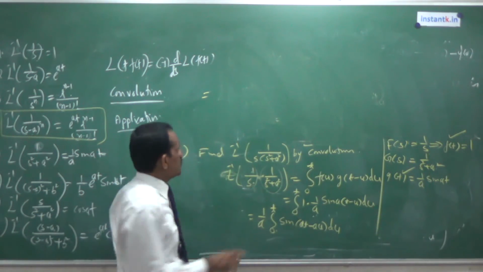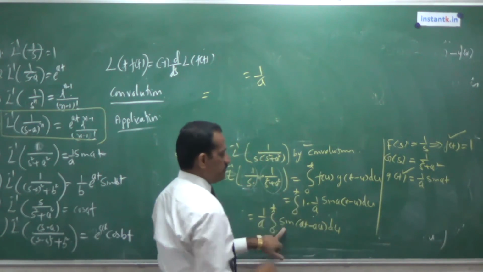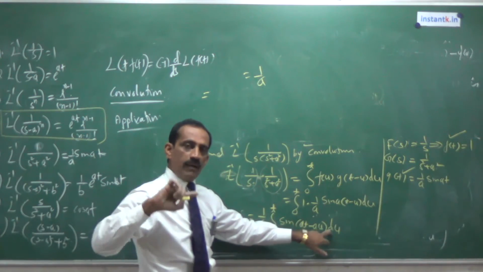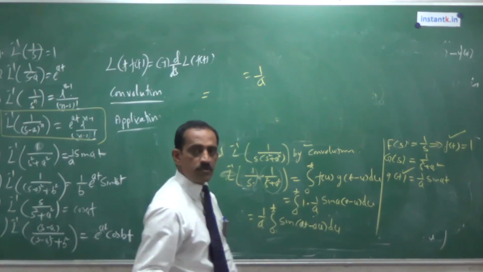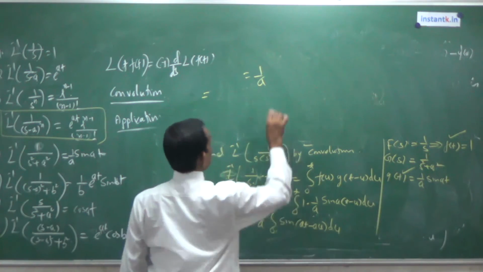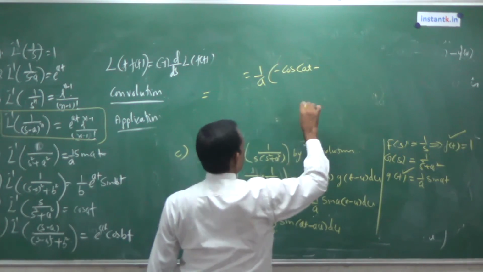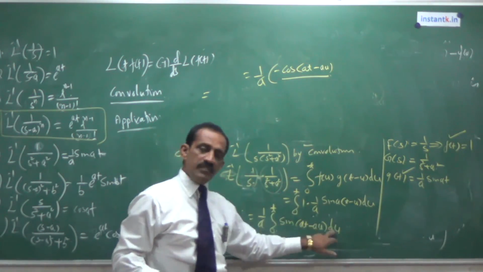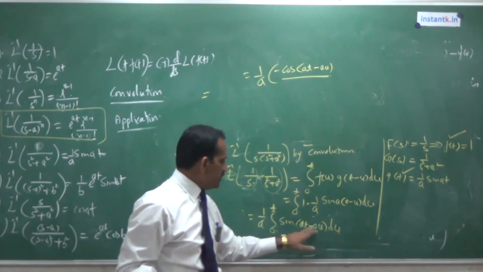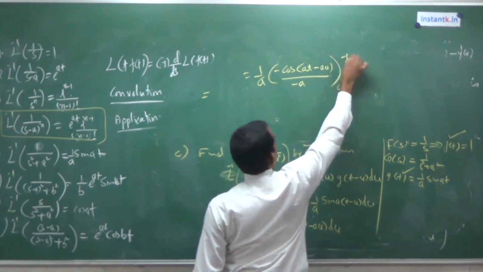What is the integration? The integral of sine of ax plus b with respect to x you write as minus cos of ax plus b divided by a. Here the integration is with respect to u. So what is the integral of this? Minus cos of at minus au divided by the coefficient of u, the variable of integration, which is minus a, between the limits 0 to t.